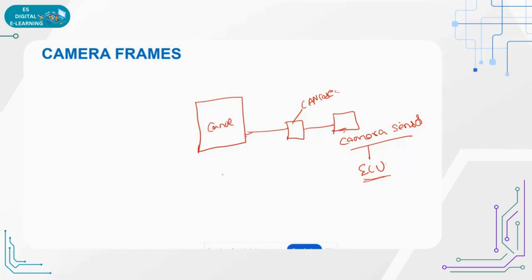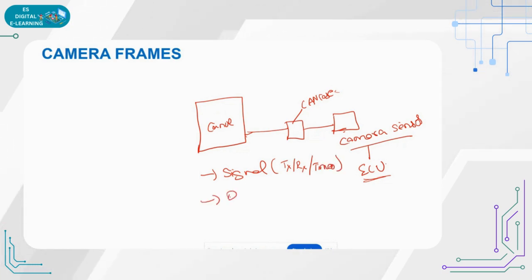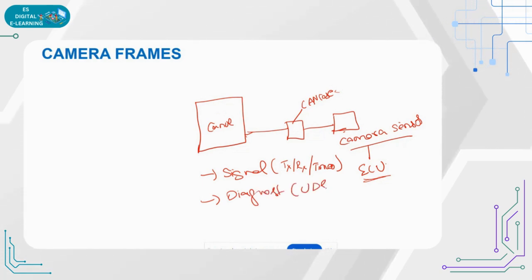So what will we do? We will do signal testing: signals related TX and RX messages, timeout related testing, and diagnostics related testing, UDS kind of thing, and some initial value and cycle value, maximum and minimum value.